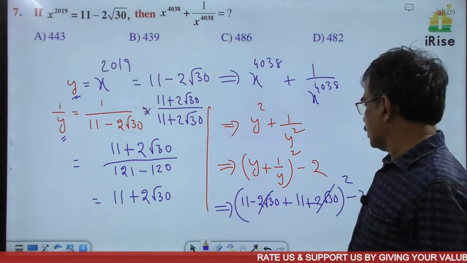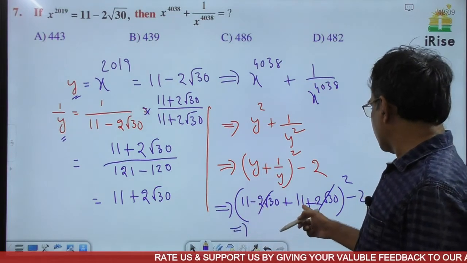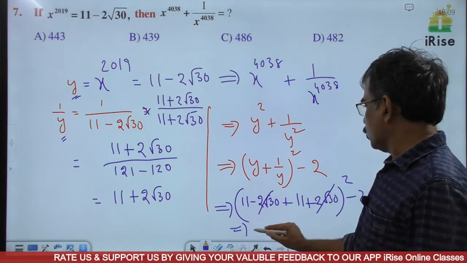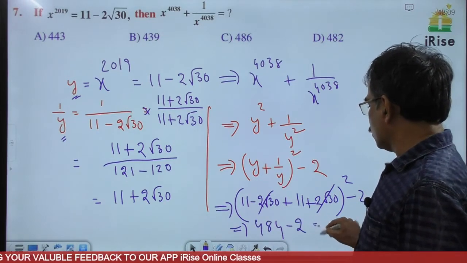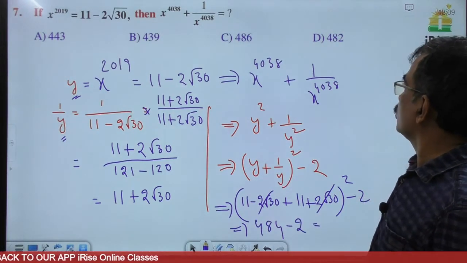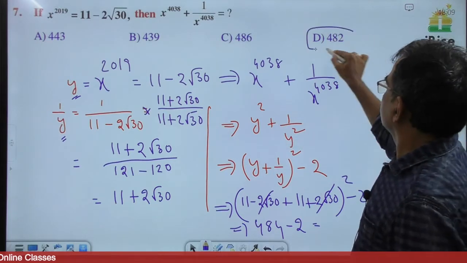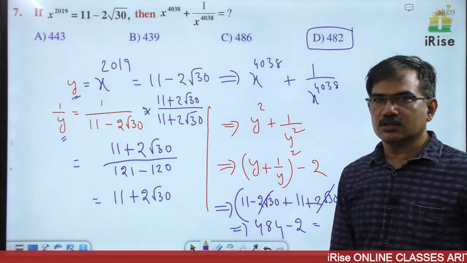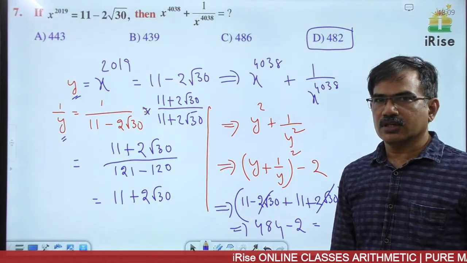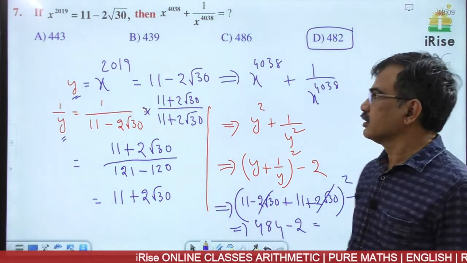These two get cancelled. This is nothing but 11 plus 11, 22. 22 whole square is 484 minus 2. So the answer is 482. The answer is 482. Okay. Next question.